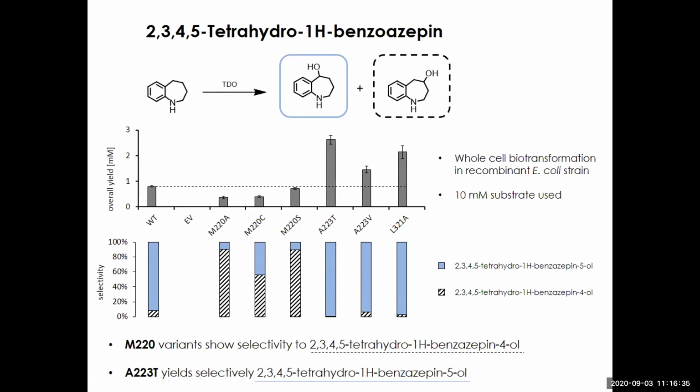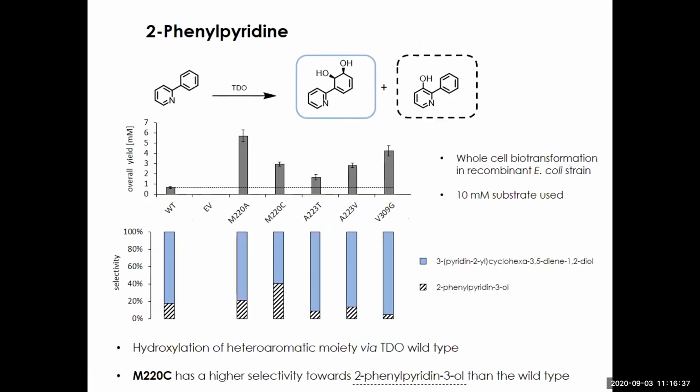And for our last substrate, the 2,5-pyridine, it was quite astonishing because the substrate was tried before in literature, and one product was described, the hydrodiendiol on the aromatic compound. But we could also already in the wild type see that there is a hydroxylation on the heteroaromatic compound.